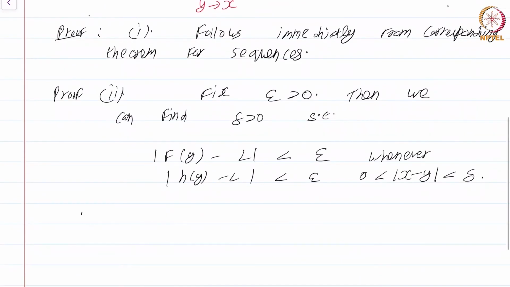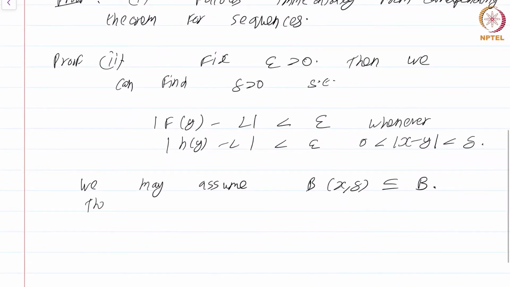Okay. Now, we may assume B(x, delta) is contained in B. Why can we assume this? If not, just make delta even smaller in order to make B(x, delta) contained in B. This can be done. Then we know that f is less than or equal to g is less than or equal to h.